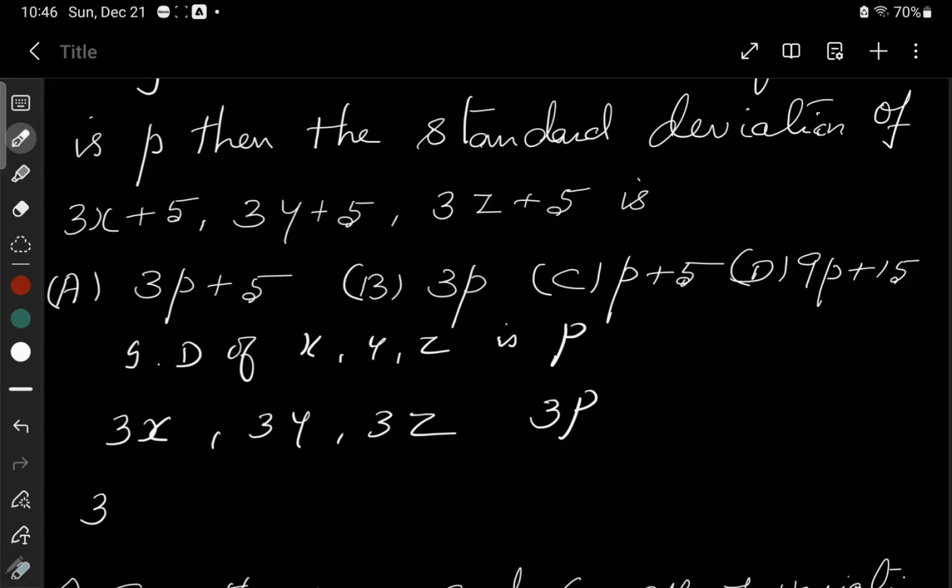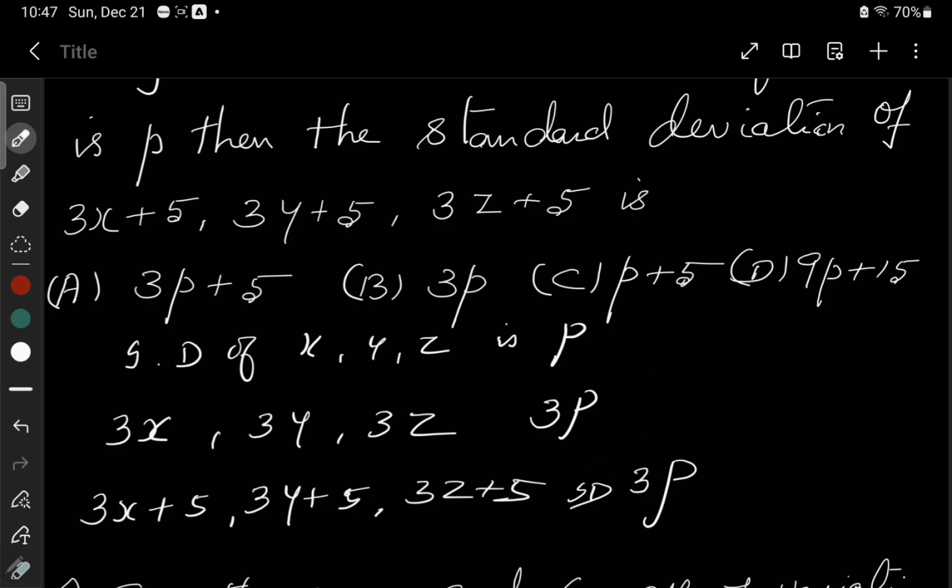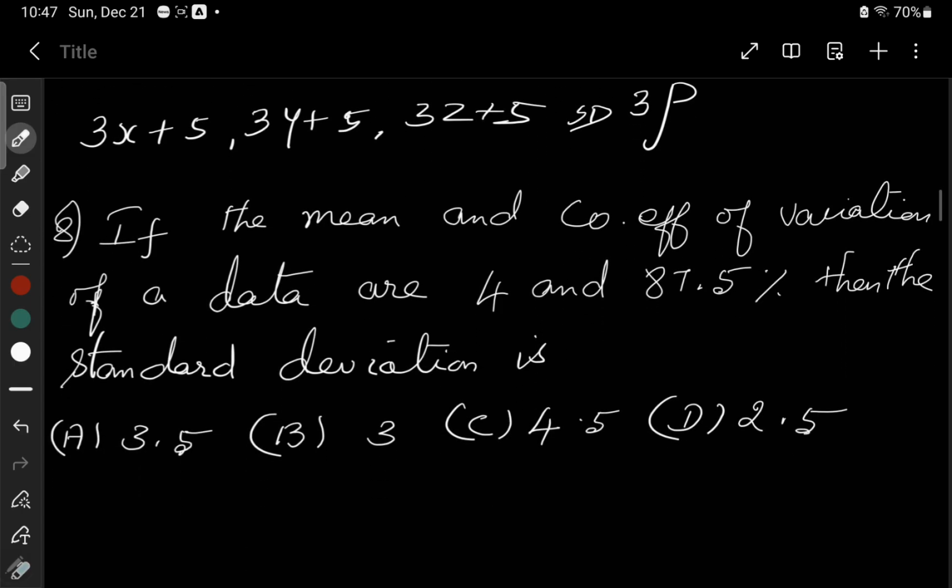But adding the constant 5 does not change the standard deviation. So the standard deviation is 3p. Option B.